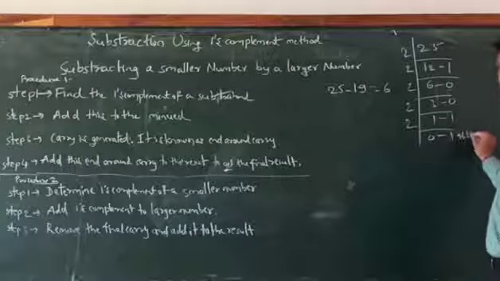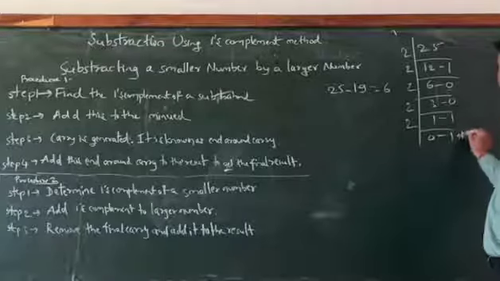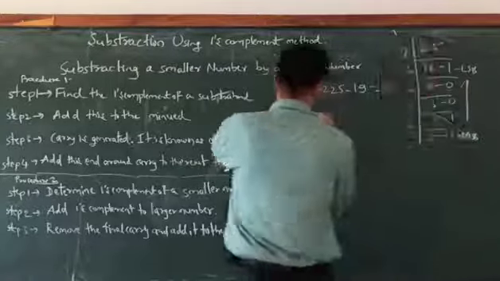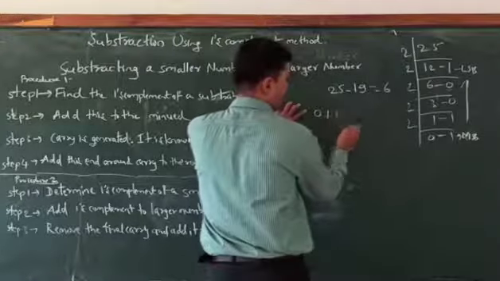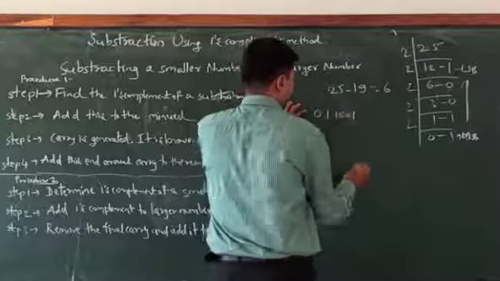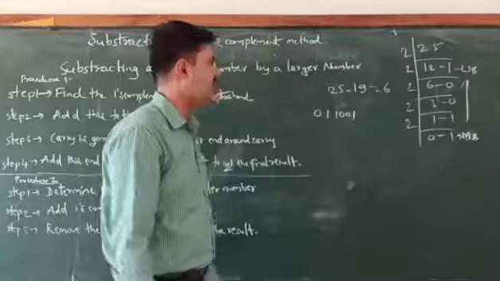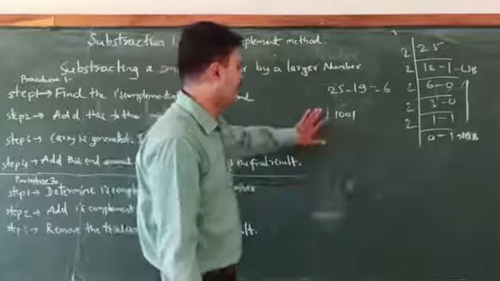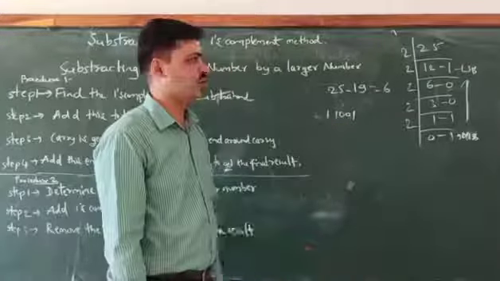It is MSB. LSB. Answer is 0 1 1 0 0 1. You can write directly 1 1 0 0 1 here.